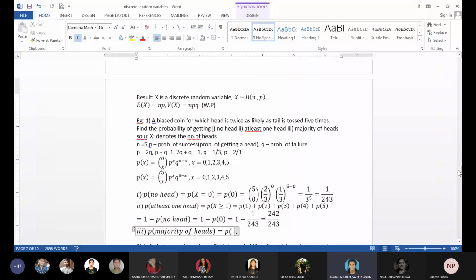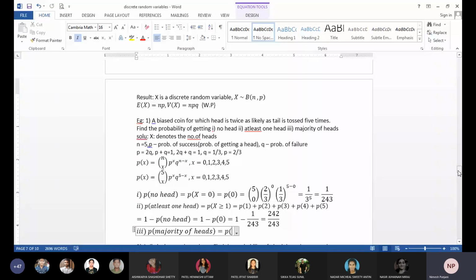Head will be more than tails. More than? Tail. I didn't get, more than what? Head will be more than tail. Okay, head will be more than tail.